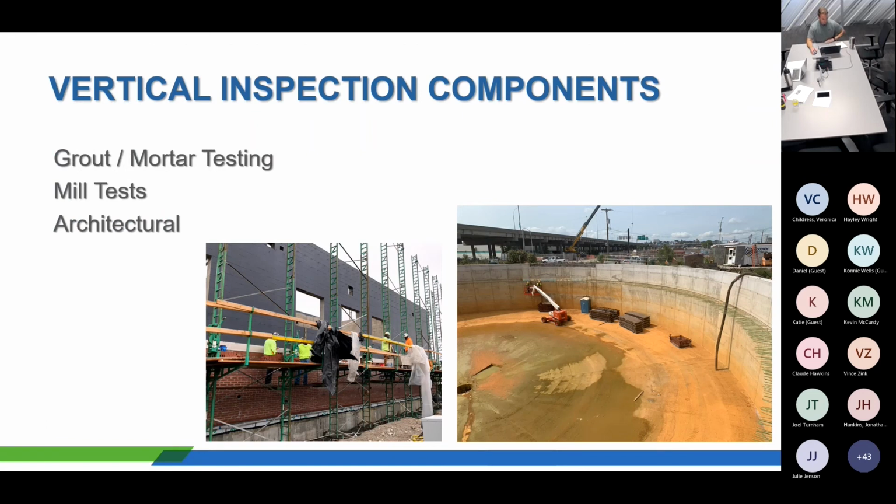Other kind of random things can come up as we get into some of the more architectural elements of these projects. Just from the photos, talking through here, grout and mortar testing: a lot of these jobs do have some masonry element to them, whether it be true CMU vertical construction or just architectural block. The grout testing and mortar testing for that is a little bit different than your standard concrete testing. So understanding what that looks like and when it needs to be applied can be important.